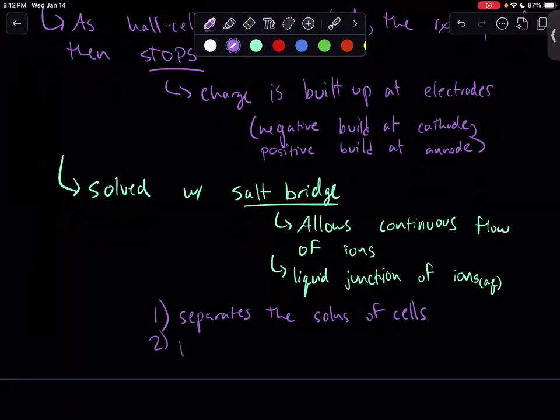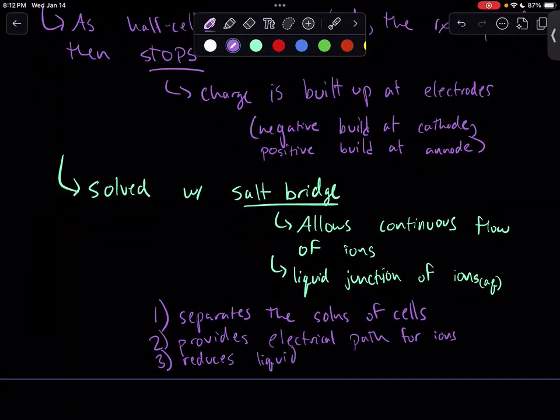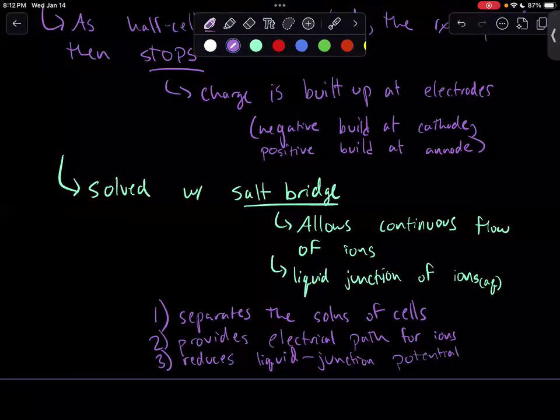Two, it provides an electrical path for ions. And three, finally, it reduces liquid junction potential, that buildup of charge that we get.